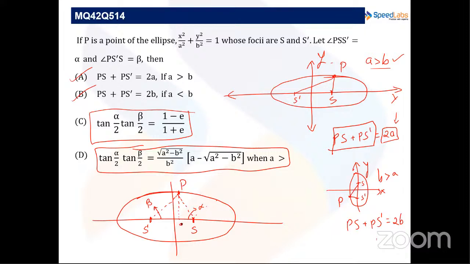So if you'll see, this length will be PS cos alpha and this length here it will be PS dash cos beta. So you are actually having PS cos alpha plus PS dash cos beta is the length between the two foci. So it will be equals to 2ae.